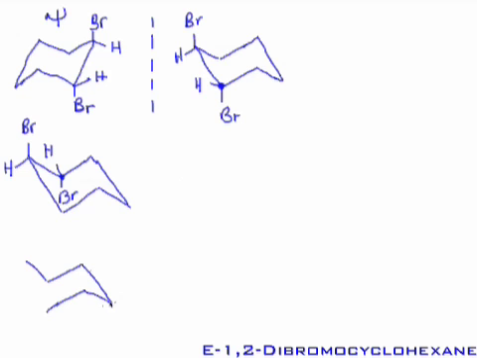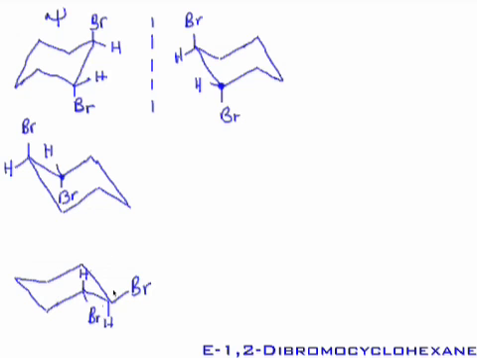Join those up. How's that? Okay, so if I ring flip, this bromine at the top becomes equatorial, and the H is down. And this H gets axial up, and this bromine becomes equatorial.